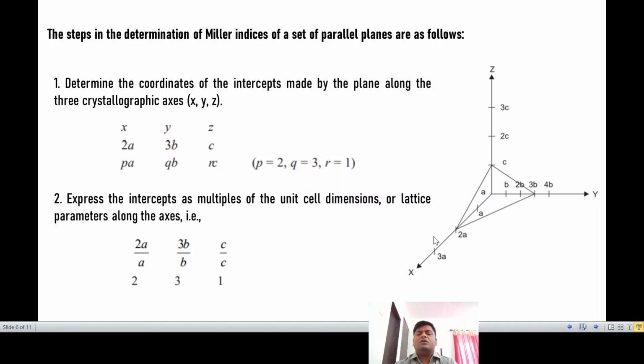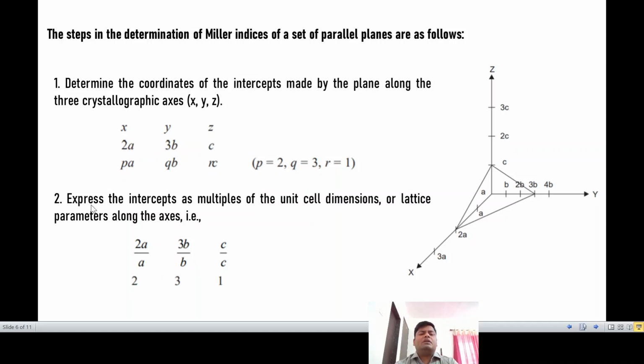So we have to find out the coordinates along the different crystallographic axes. Along the x, y, z, the coordinates have been represented over here as 2a, 3b, 1c, which we already discussed. So distances p, q, r one can find out, which are 2, 3, 1.